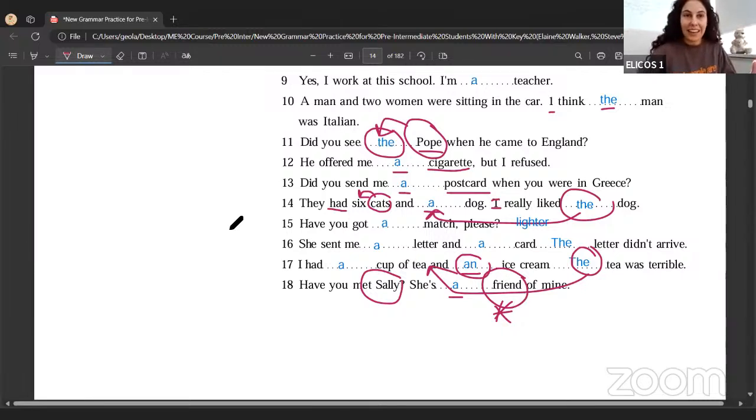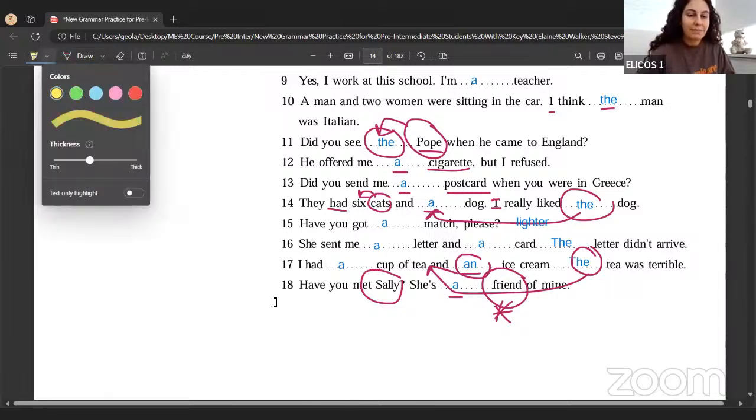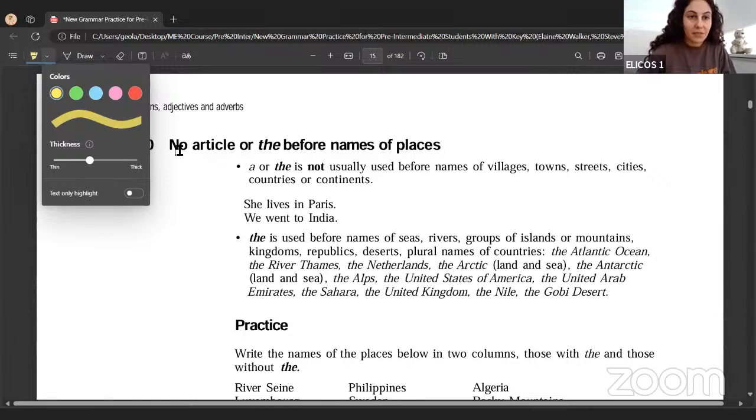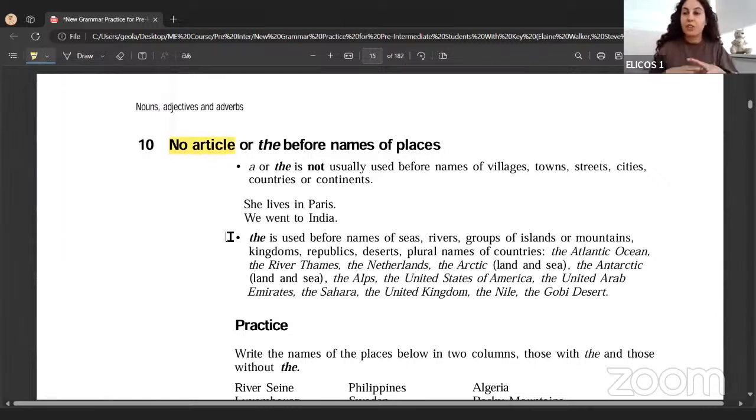Now we did the a and an. But how about when we don't use an article? We don't need to use the. So there are some rules that will tell us when to not use it or maybe when to use the. So a or the is not usually used before names of villages, towns, streets, cities, countries, or continents.